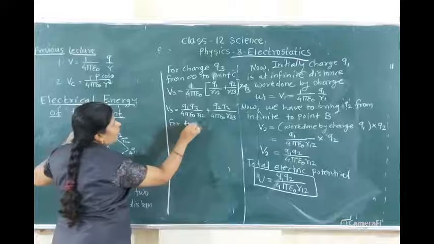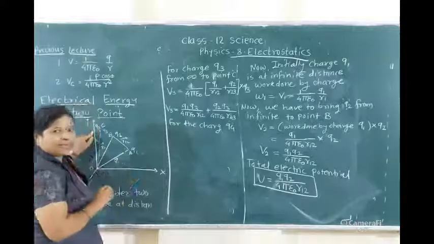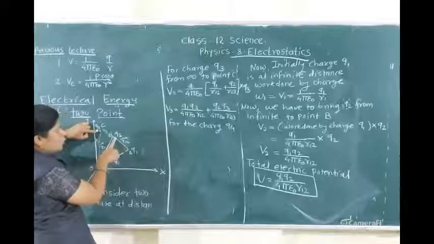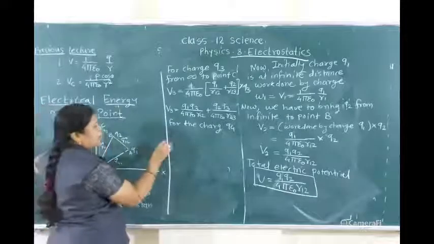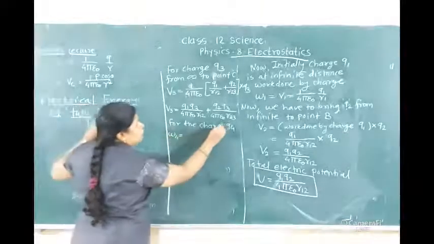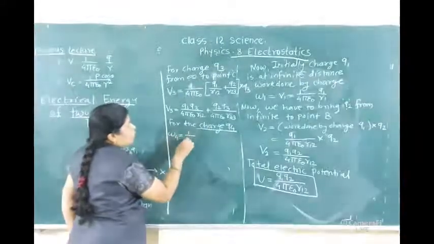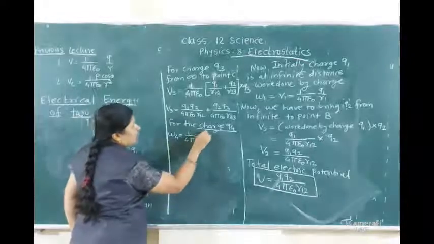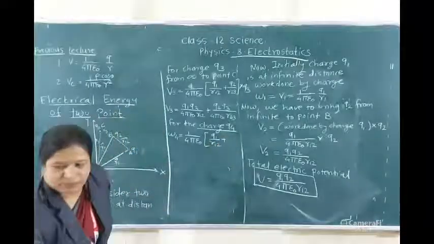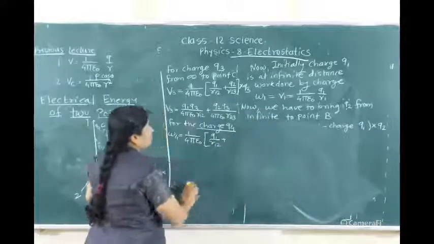The total work done on the charge Q4 is 1 upon 4 pi epsilon 0 times Q1 divided by R14 plus Q2 divided by R24 plus Q3 divided by R34, multiplied by Q4.